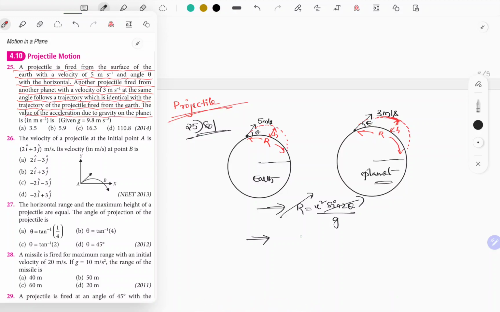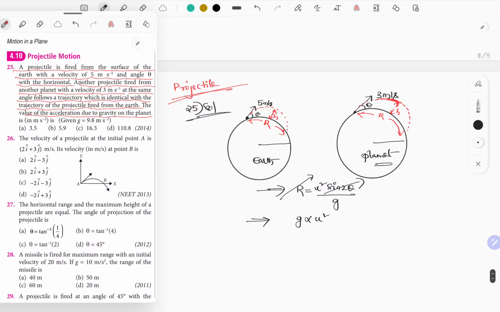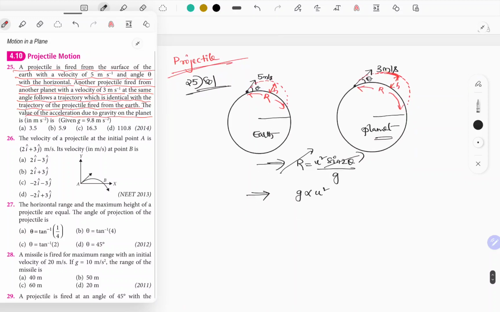Acceleration due to gravity is directly proportional to the square of the speed with which the object is projected. So g on the planet divided by g on the earth is equal to the velocity on the planet square divided by that on earth square.